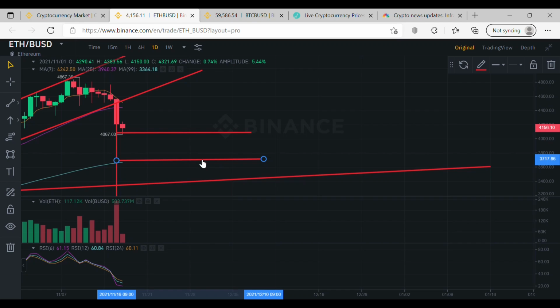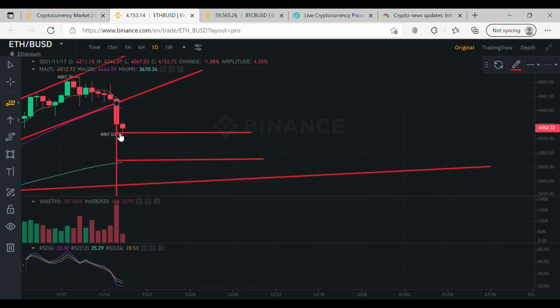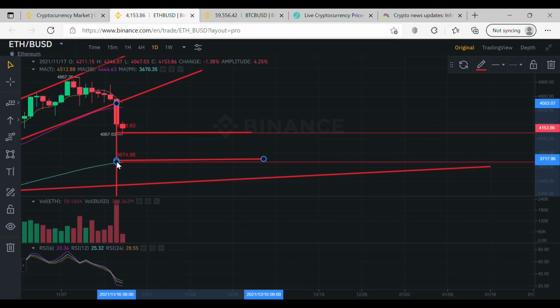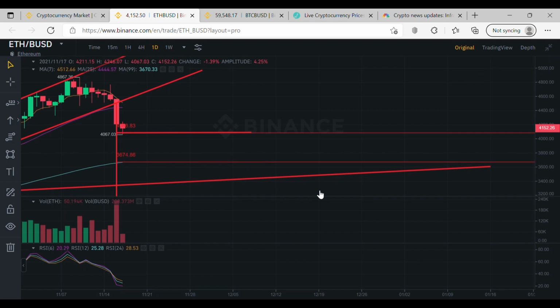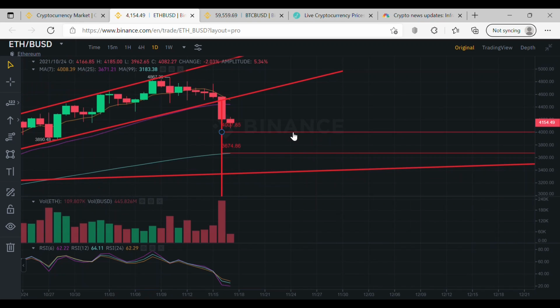Then move this down a little bit. So this is 1/3. So let's project this with the price line here. Okay. Let's delete this one. So 1/3 here, okay.